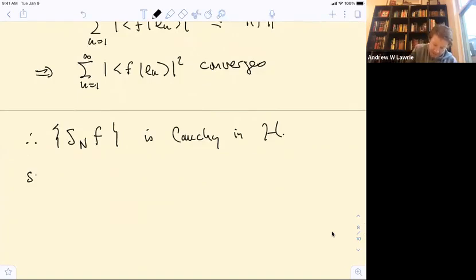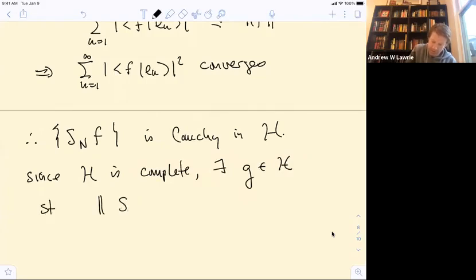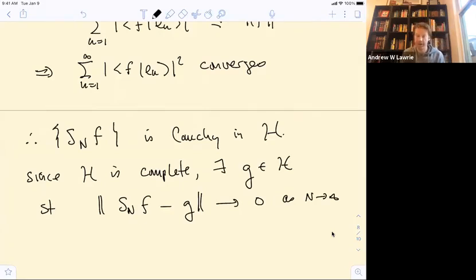So since H is complete, there exists a G in H such that we have convergence in norm. So there exists a limiting element. Cauchy hence convergent, so we can find the limiting object.